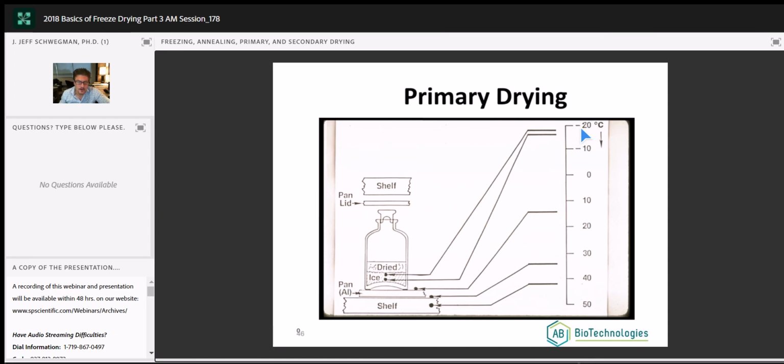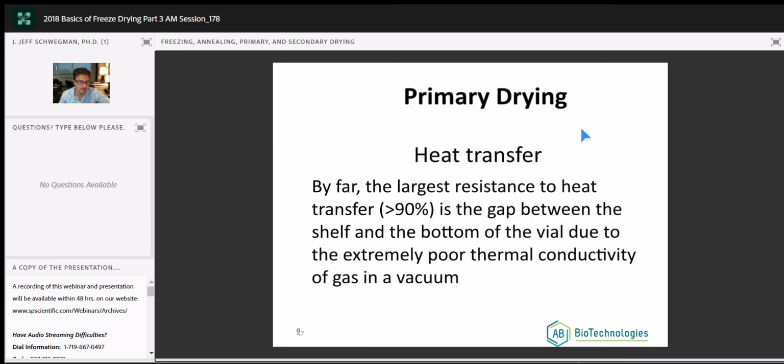So, I'm sorry, here to here. So maybe about 15 to about negative 18. So that's the biggest. So anything we can do to minimize gaps of air between the bottom of the vial and the shelf is great. So don't use pans, use tubing vials.